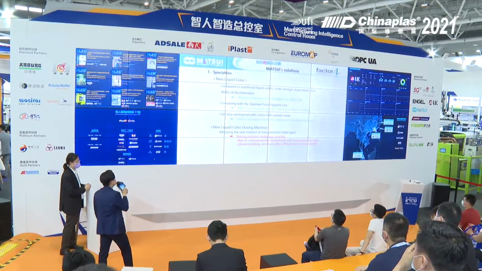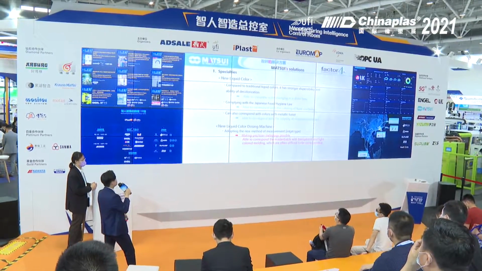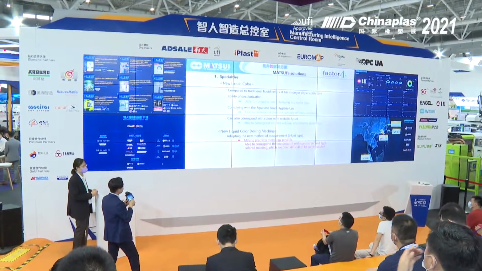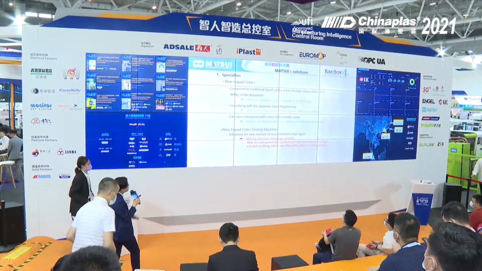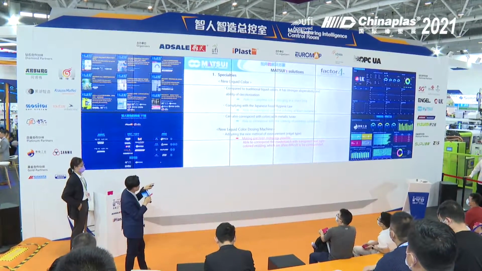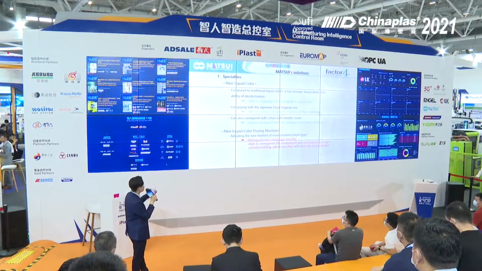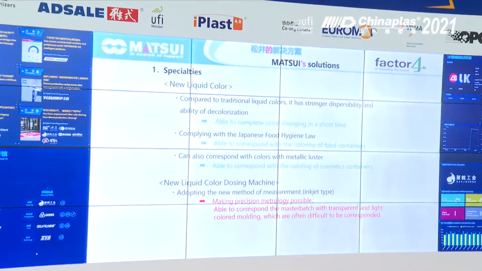Now, these are the specialties of the new liquid color technology. It has stronger dispersibility and decoration ability. That means it is able to complete color changing in a very short time.